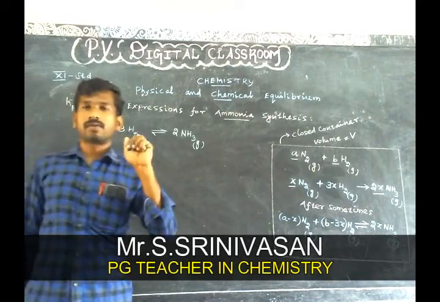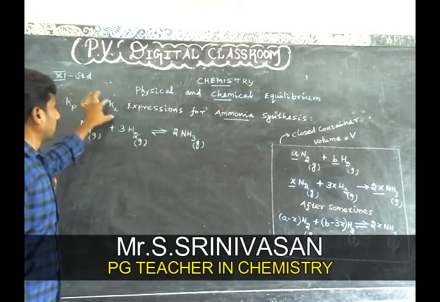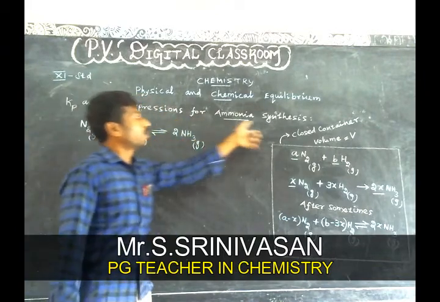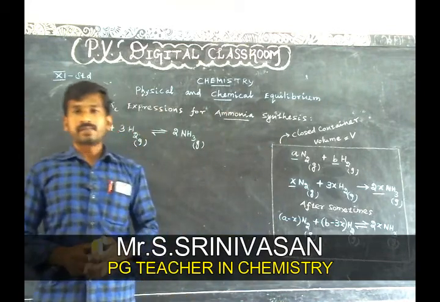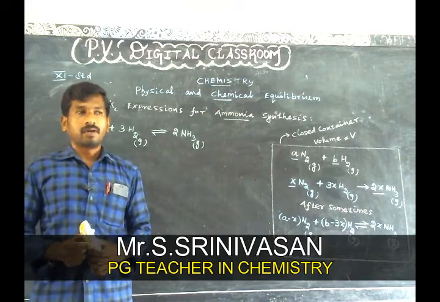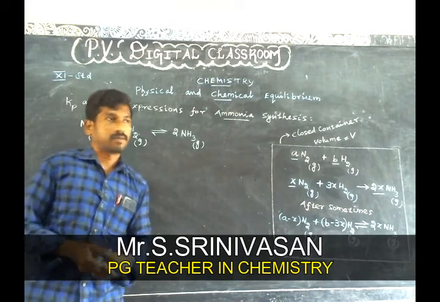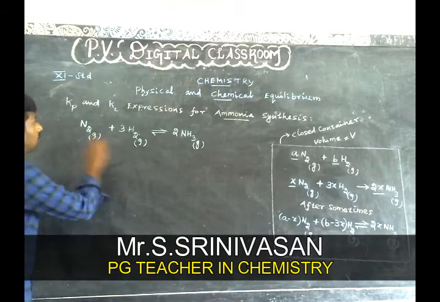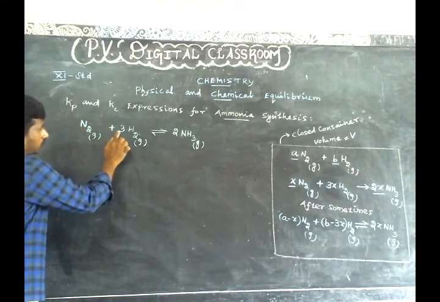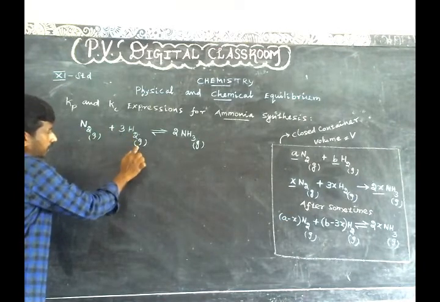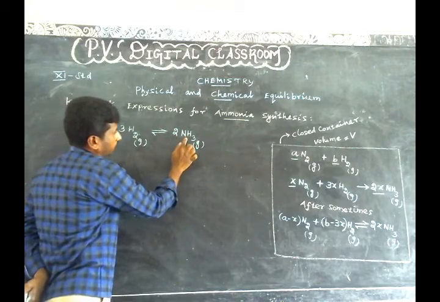Good morning, students. Today we are going to derive Kp and Kc expressions for ammonia synthesis. Ammonia gas is formed from nitrogen gas and hydrogen gas: 1 mole of nitrogen gas plus 3 moles of hydrogen gas in equilibrium with 2 moles of ammonia gas.